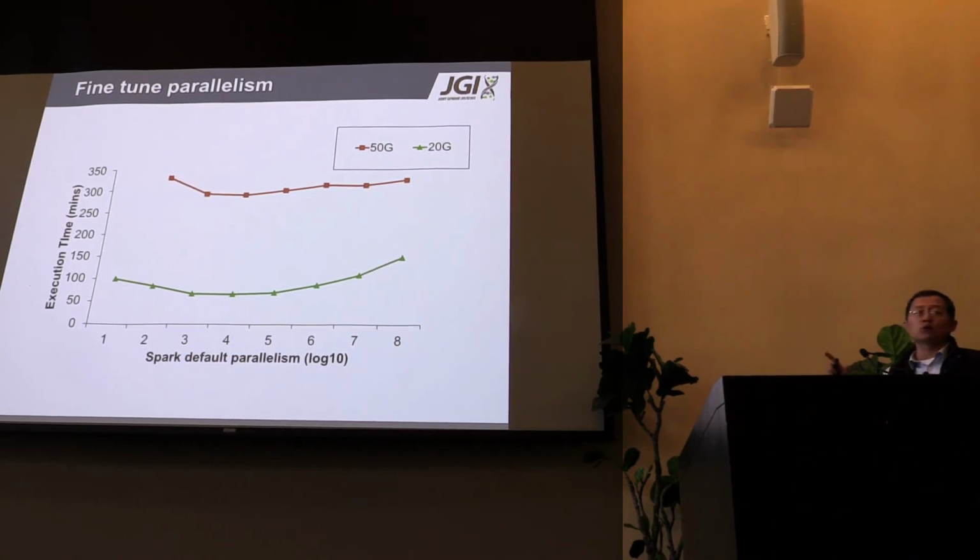You can see that over a very wide range, the performance didn't really change much. We were very happy to see that we don't have to pay too much attention to tuning Spark to get reasonable performance over a wide range of parameters.